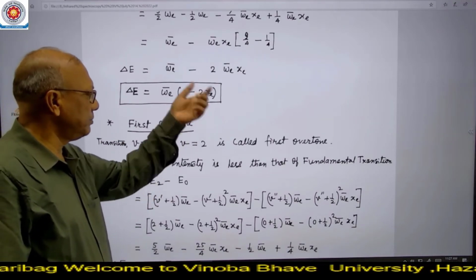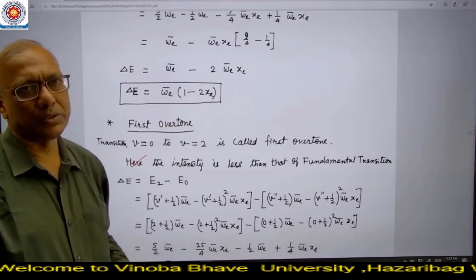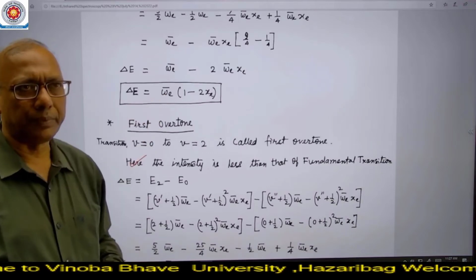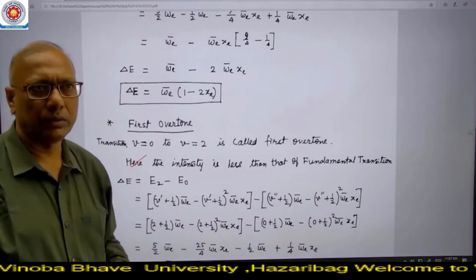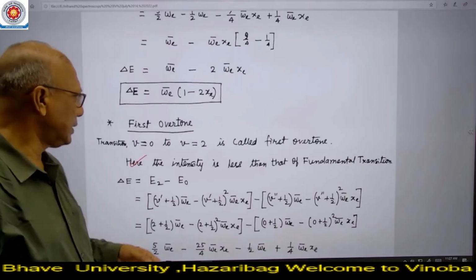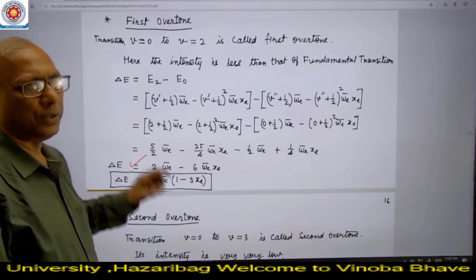Also, as I have written on my previous page, normally we take the value of Xe as equal to 1, and if omega E's value is obtained anyhow, then we can calculate the energy required for the fundamental transition.